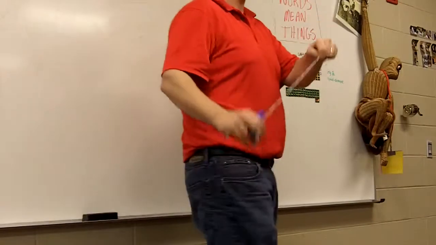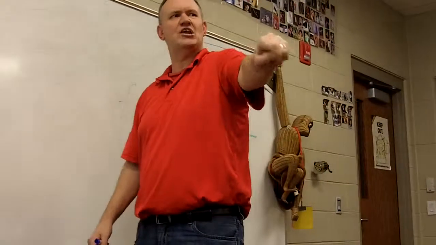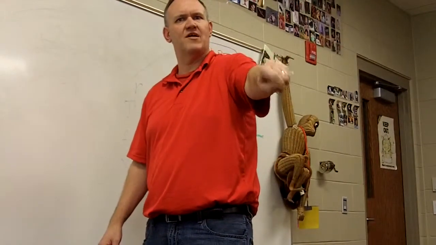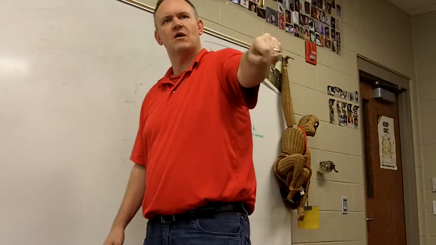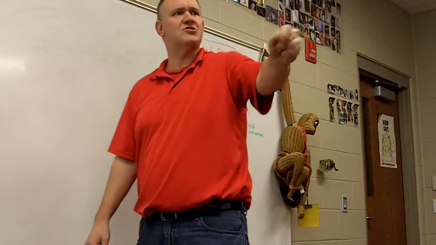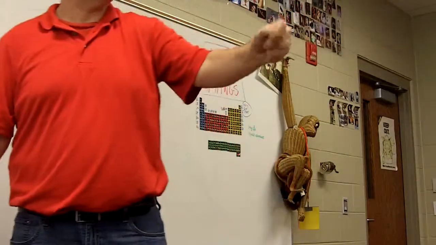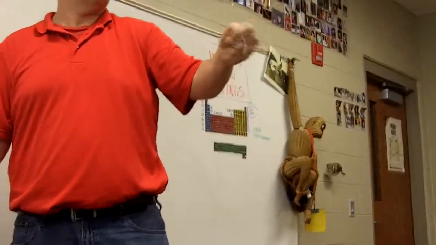If your direction changes, your velocity changes. So is its velocity changing as I spin it? Yes, because the direction's constantly changing. The speed may not be changing, but the velocity is, because it's changing directions all the time.